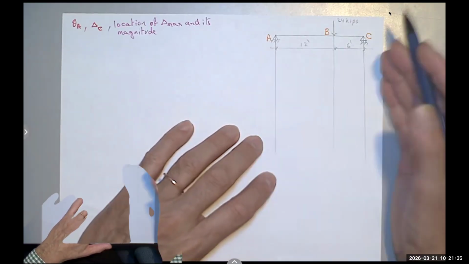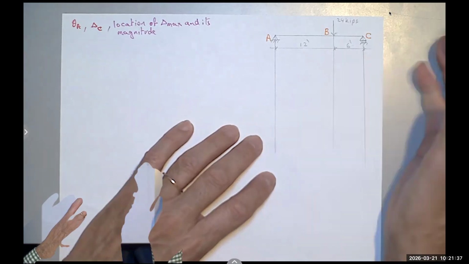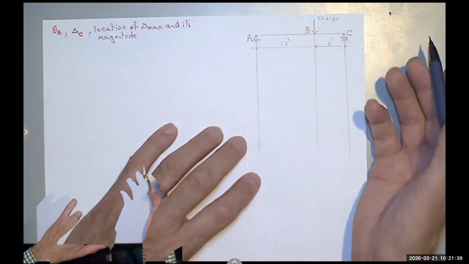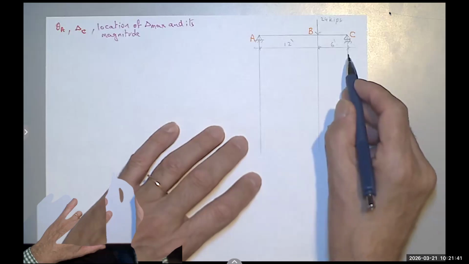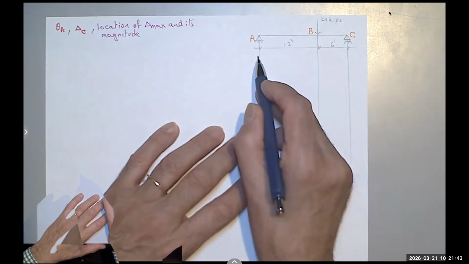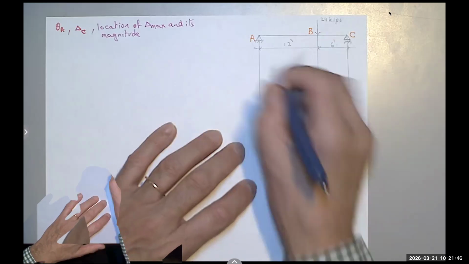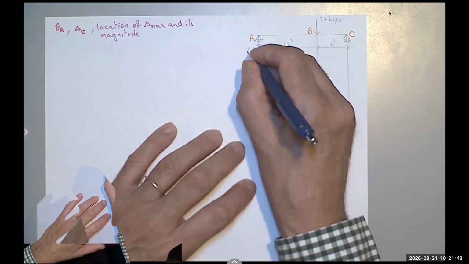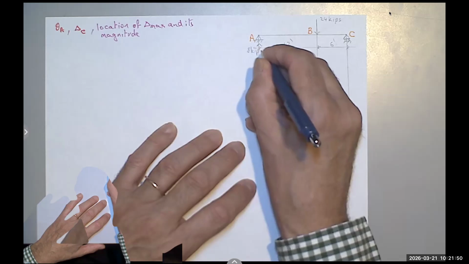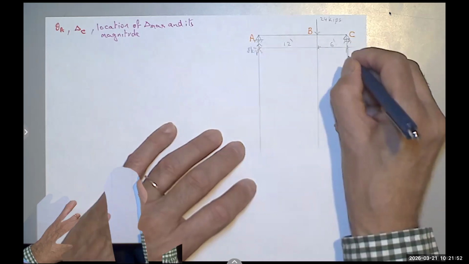Of course, the closer, the higher. So 1 and 2 is 3. So 2/3 will go to C, 1/3 will go to A. 1/3 of 24 is 8, so that would be 8 kips. And this is 16 kips.